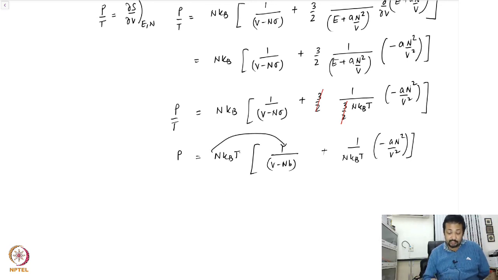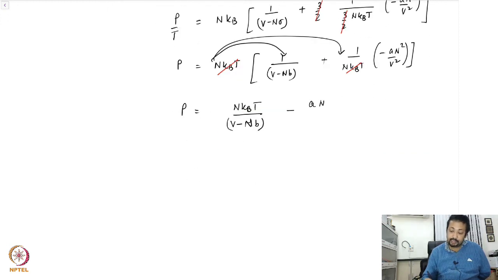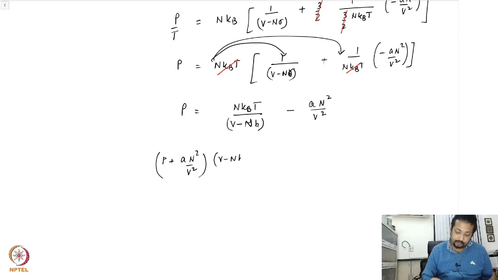This N k_B T, I can take it inside over here and then over here, and you see that this is going to cancel with this, so that I'm left with N k_B T divided by V minus N times sigma, minus a n square over V square. So the equation of state becomes: P plus a n square over V square, times V minus N sigma, sorry, not B, this is going to be sigma, equals N k_B T.